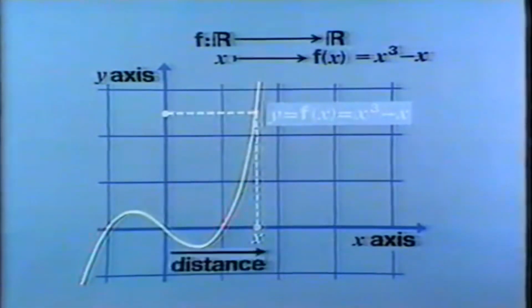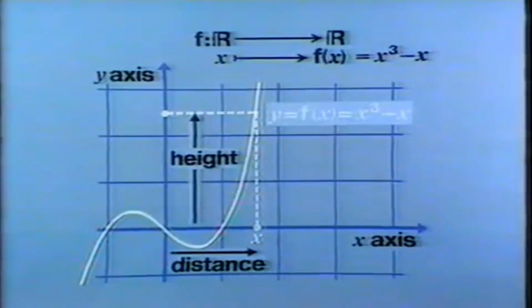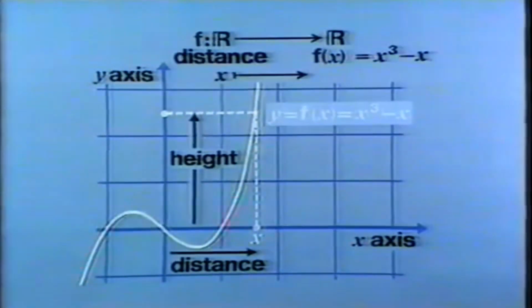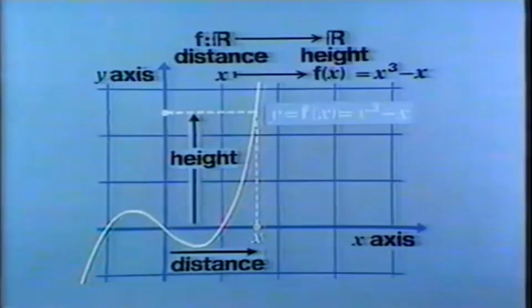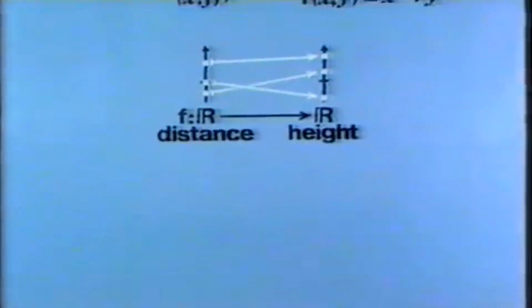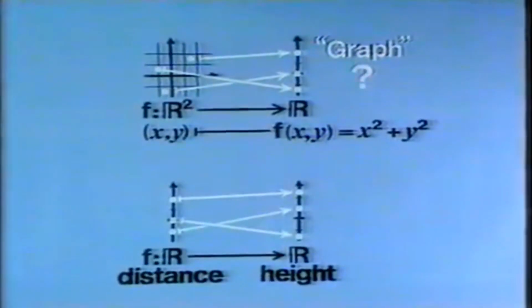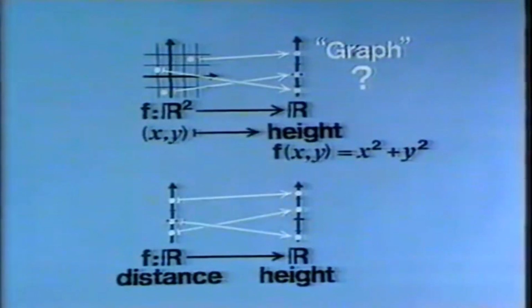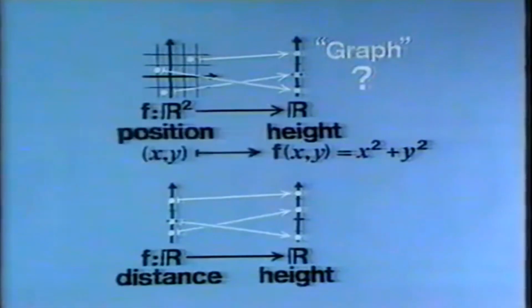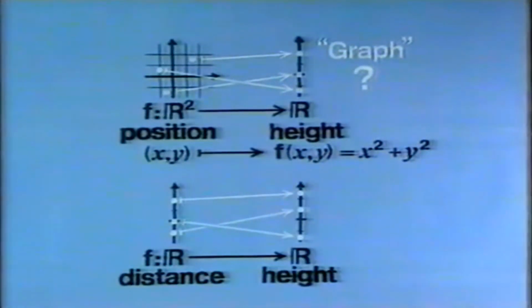That is, for each distance x from the origin, the height y is just the image value f(x). And we use the same idea for a function from R2 to R. We again use height for the codomain, but for the domain we have to use position. So instead of distance along a horizontal x-axis, we use position on a horizontal plane.